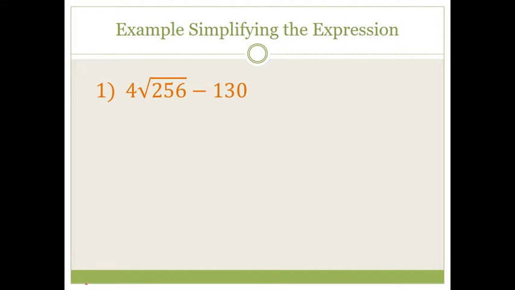So how about we do one that's a little more involved? That involves more of the order of operations. Remember, I'm looking at this square root first, and I have to simplify underneath there first if there's anything to do. And square roots and exponents, that's the E in PEMDAS.